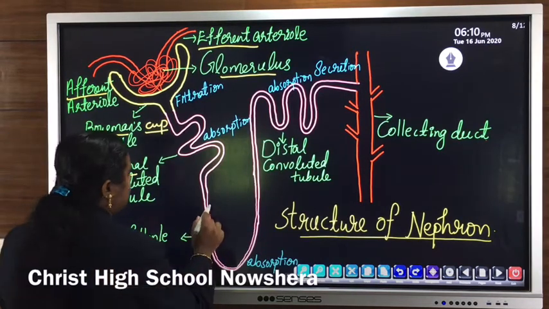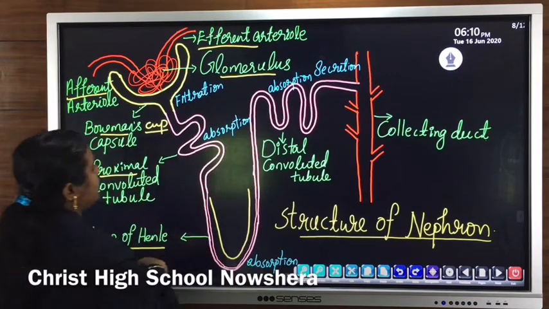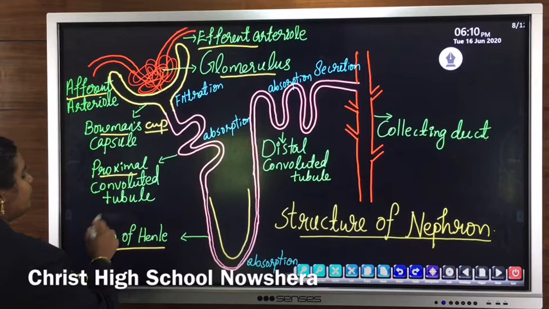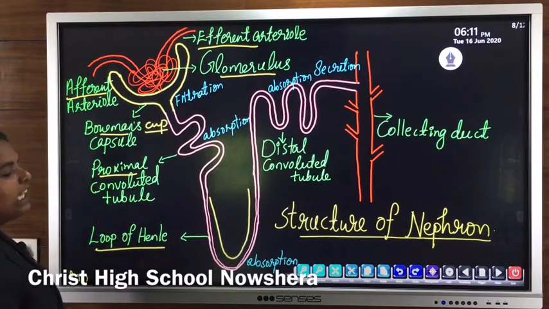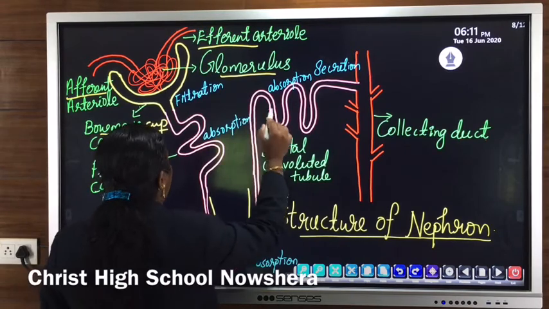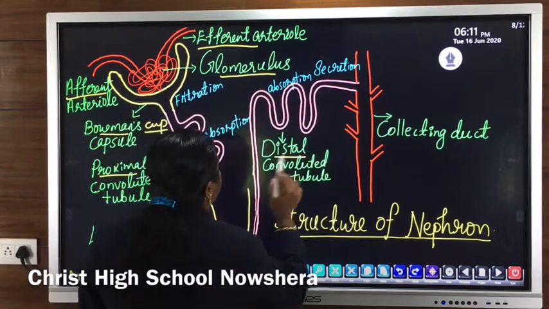Look at the figure, this U-shaped structure. Then this loop of Henle continues as a smaller tube, that is known as distal convoluted tubule.